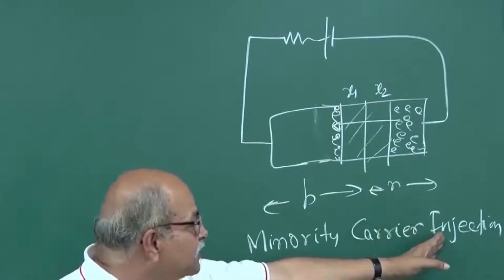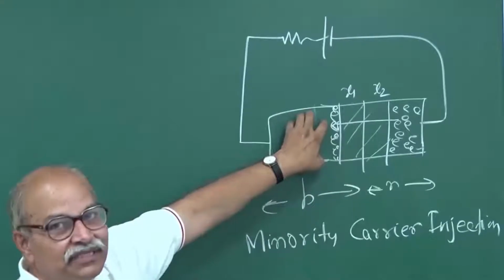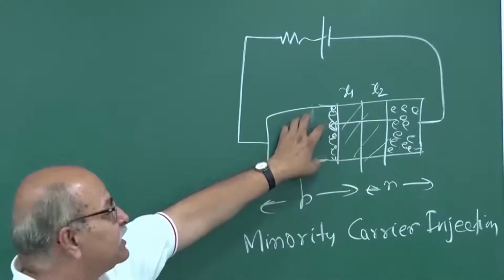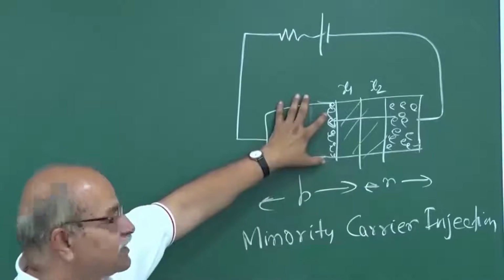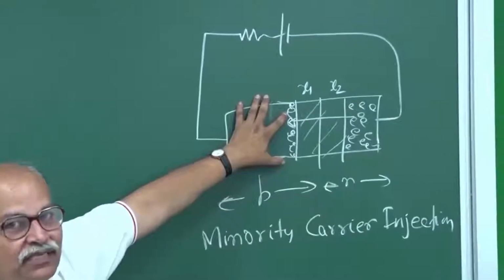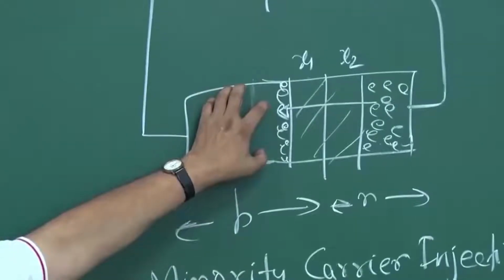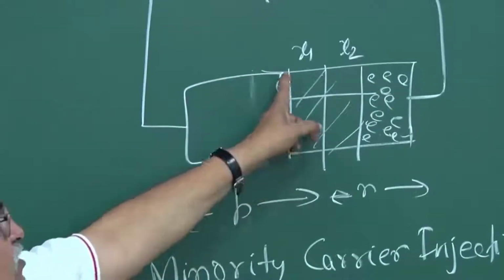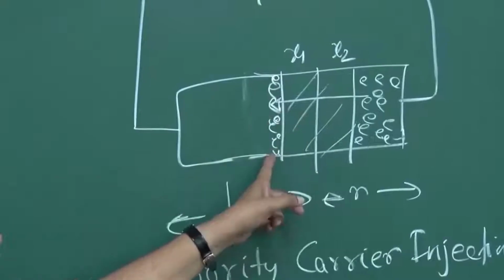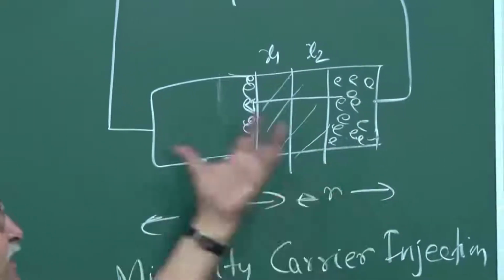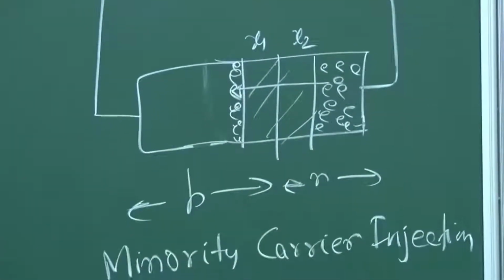This injection is in this portion. This is the P side, and in the P side holes are the majority carriers and electrons are the minority carriers. And we have put in extra minority carriers here, extra electrons here. So that is known as minority carrier injection.